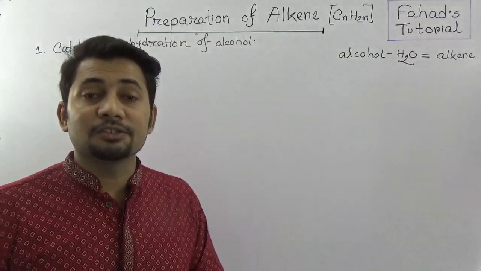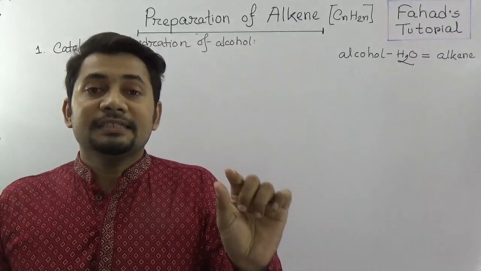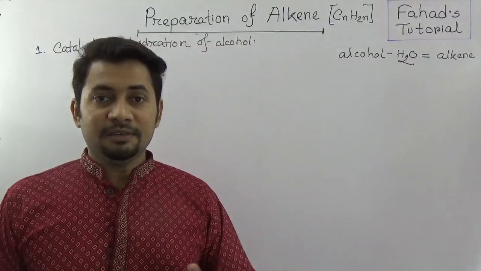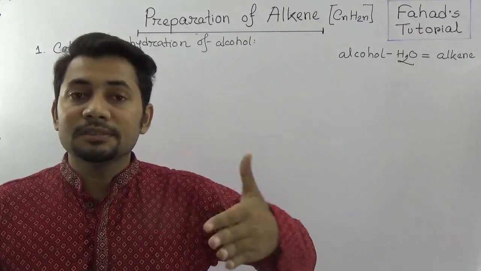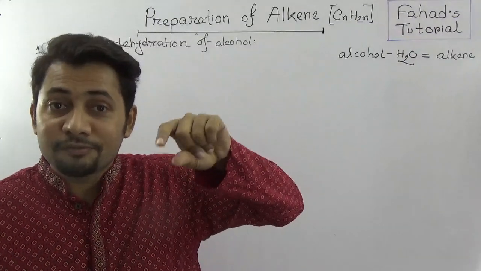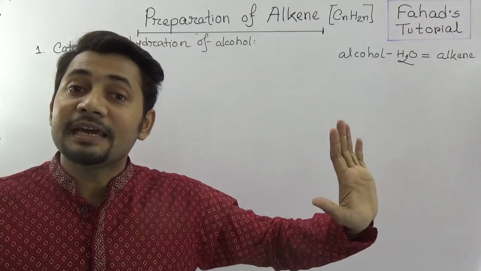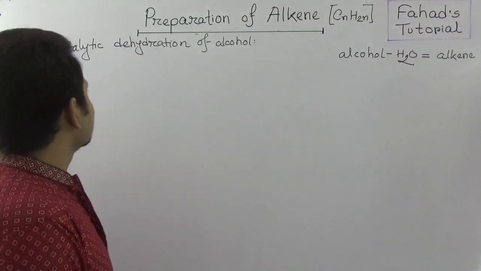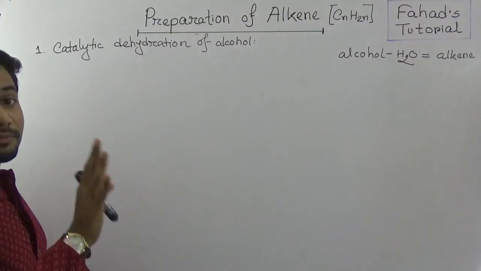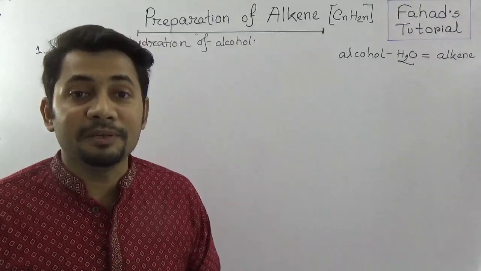And those compounds that perform this will be called dehydrating agents, because dehydration means loss of water. So the corresponding alkene is produced, as the number of carbons is important. Catalytic dehydration means that in the presence of a catalyst, this dehydration will be going on.